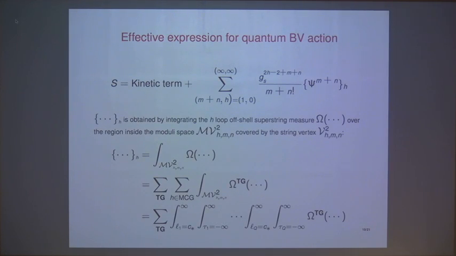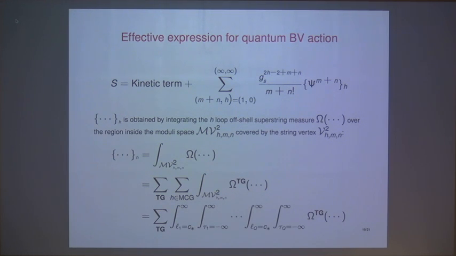Now we can look into the quantum BV action for closed string theory. It has a kinetic term and an infinite number of interaction terms. Say we are interested in the h-loop interaction term. That is obtained by considering the h-loop superstring measure and then integrating this measure over the region inside the moduli space that is covered by the string vertex.